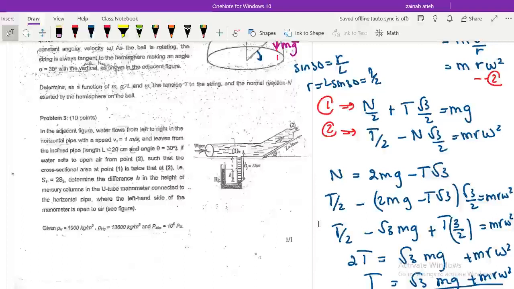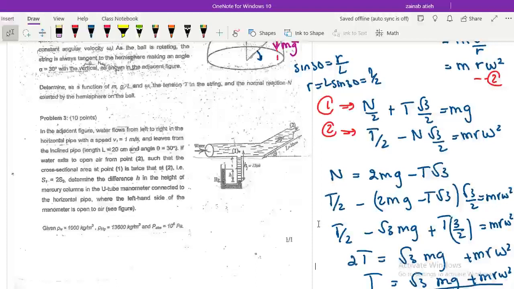If water exits to open air from point 2 such that the cross-sectional area at 1 is twice that at 2, i.e. S1 equals 2 S2, determine the difference in the height of the mercury columns in the U-tube manometer connected to the horizontal pipe, where the left-hand end of the manometer is open to air. See figure. So we have rho water, rho mercury, and P atmosphere, which is 10 to the power 5.